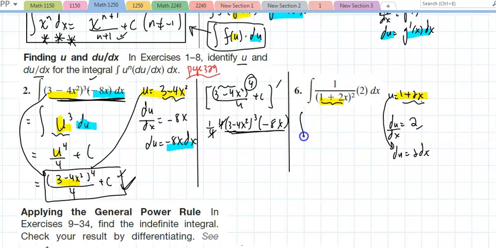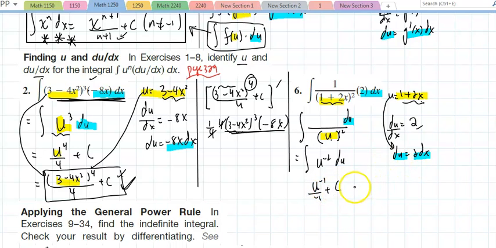What happens, that will transform this problem. My u is right there, but it's being squared. And do we notice that du is right there? So doesn't that make this the integral of u to the negative 2 du? Can't you add 1 to the power and divide by that?